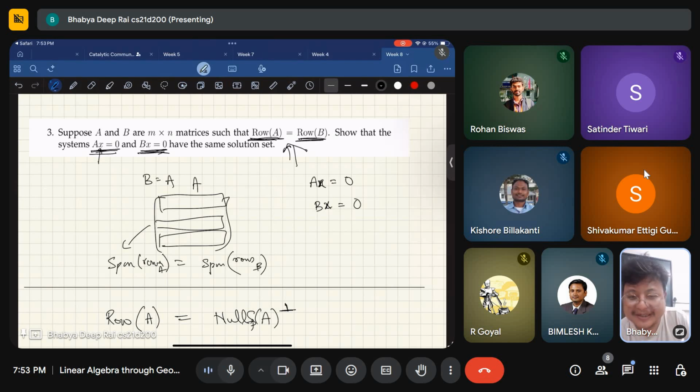All the x's that satisfy Ax equals 0 form exactly the vectors in the null space, which means the solution set for Ax equals 0 is nothing but the null space.